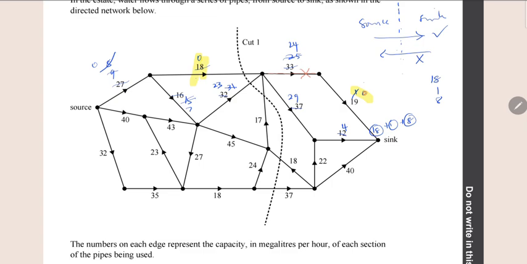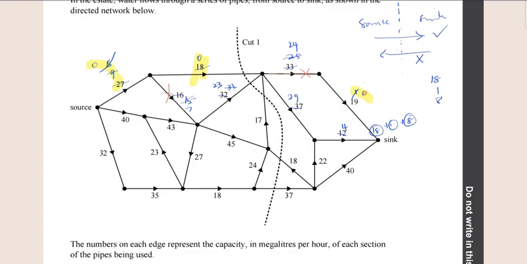Now, which edge has reached maximum capacity? It is this one. So that implies that if no water can flow through here, this edge is not going to get any water. And so we can cancel this particular edge, okay, as an edge that really will not have any water flowing through it.